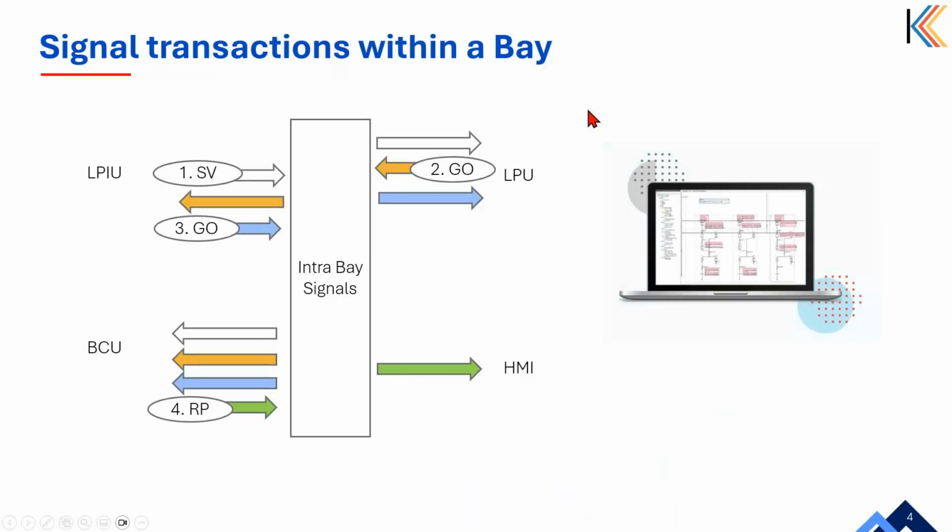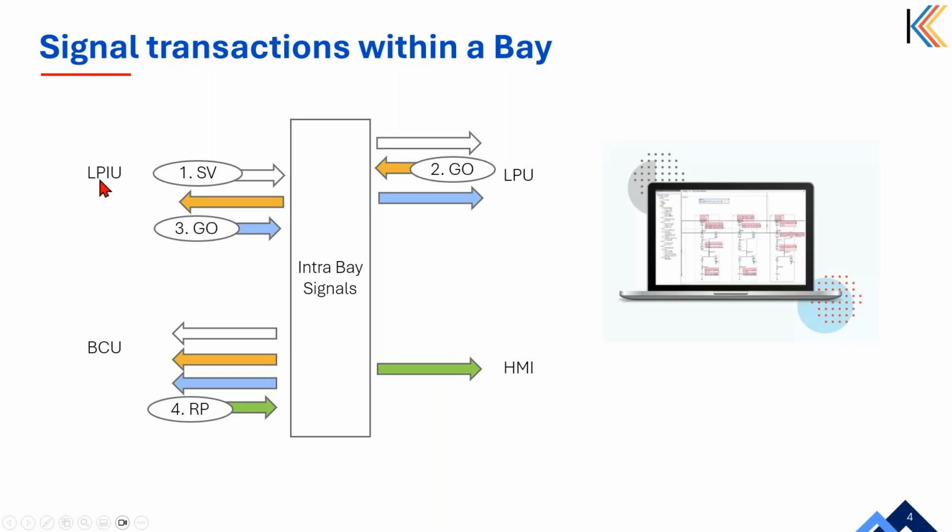Okay, so first I will talk about the signal transactions that we are planning within a bay. In the configuration that we are planning to create, we are planning to have a few devices. One is the line process interface unit, where we will have the sampled value streams generated.